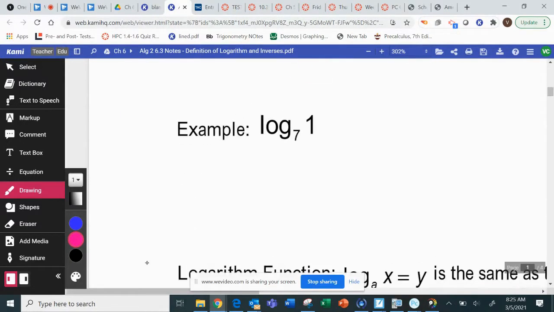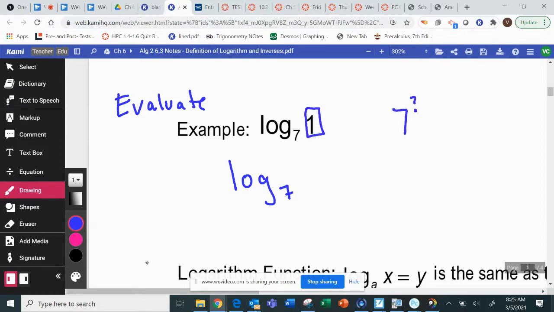All right, the next one, log base 7 of 1. So what I want to do, and this is evaluate again, is substitute. I want to make 7 to something equal to 1.